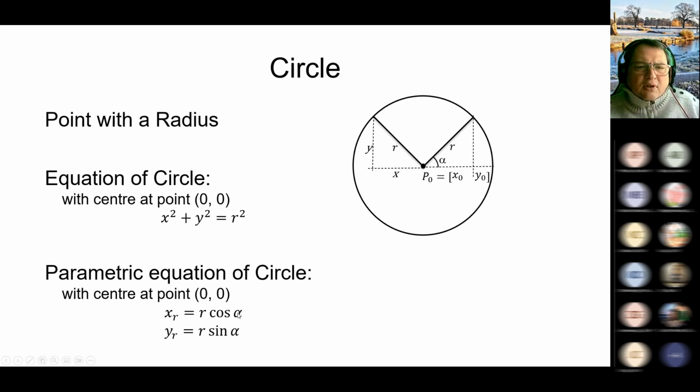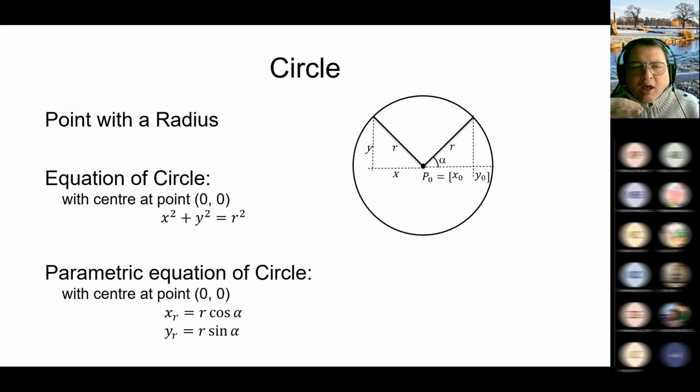And for any given angle alpha, which is shown here, we can find x as r cosine alpha and y as r sine alpha. So, sorry, we still come back to trigonometry, but simple SOHCAHTOA is everywhere in computer graphics, and you will need SOHCAHTOA even to draw a circle on the screen. Don't worry too much about it.